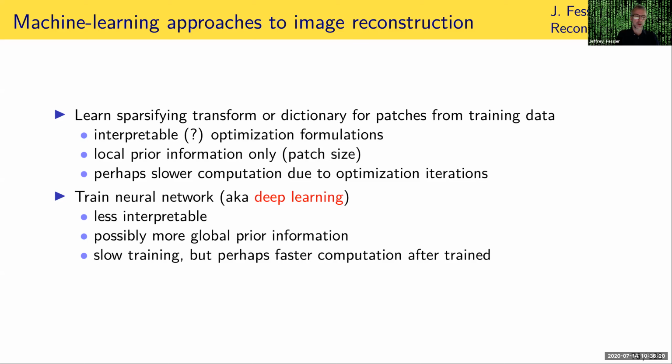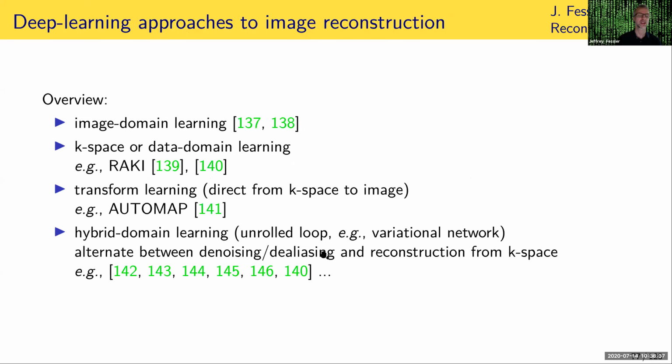They're slow for training, of course, but depending on the kind of method used, they might have faster computation once trained, compared to the iterative alternating minimization methods that I've been discussing. That depends on the details of how you do the deep network.